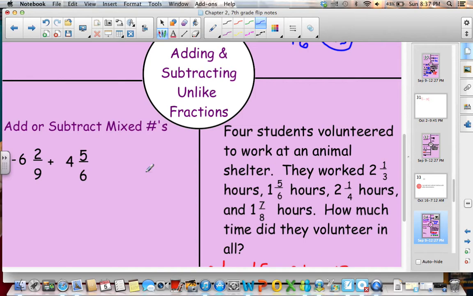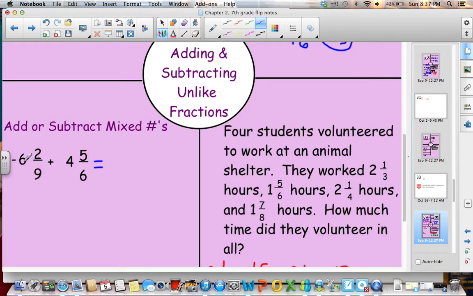If we are adding or subtracting mixed numbers, well, the first thing that we want to do, just like if we're multiplying or dividing, is change it into improper fractions because it makes it a lot easier. So 9 times -6 is, or we just forget the negative for a minute actually.